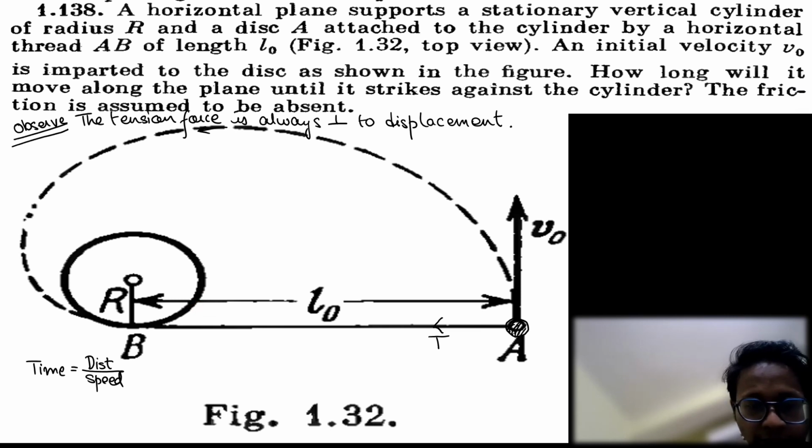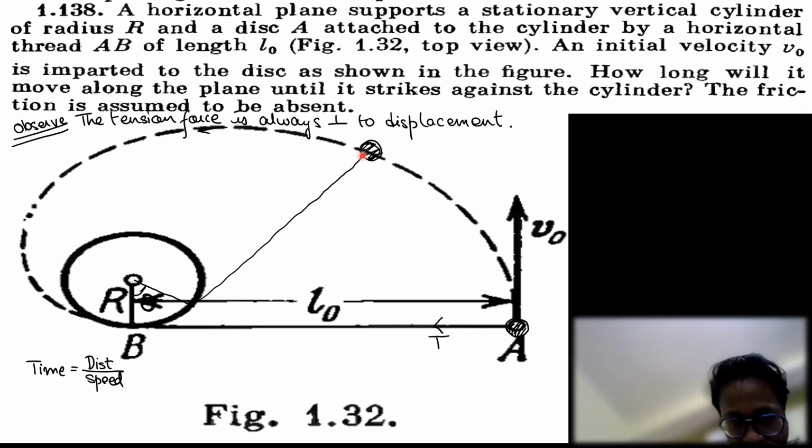So let's say the string has coiled by this much and the pendulum reached out here. Let me draw an angle theta out here. Let this be angle theta. Now what is the length of this string?